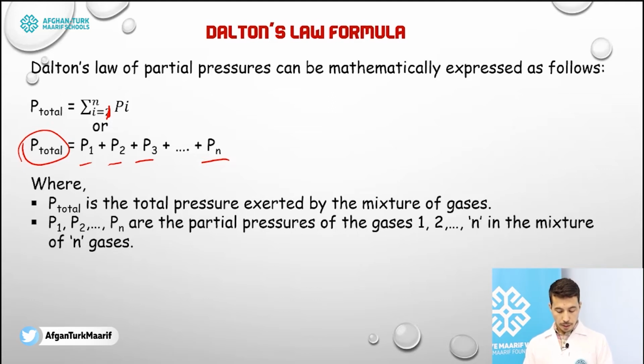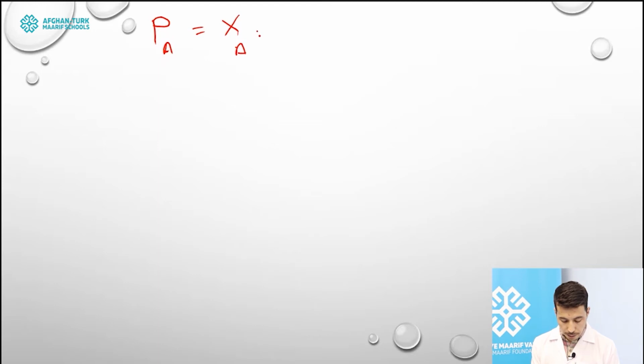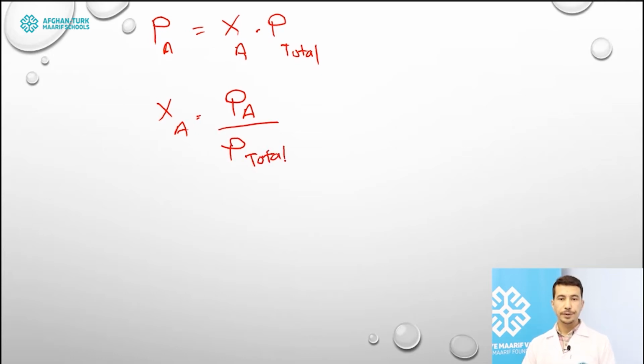Well, students, we can also express this in another way. We can use mole fraction. You remember the mole fraction, right? We can write that the partial pressure of gas A is equal to the mole fraction of gas A times the total pressure of the mixture. Or in other words, the mole fraction of gas A is equal to the partial pressure of gas A divided by the total pressure of the mixture.